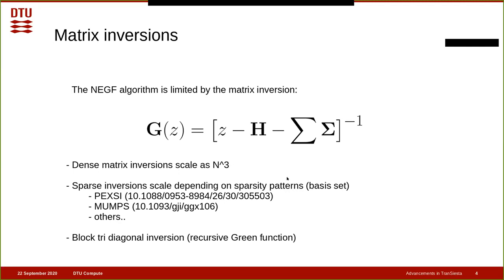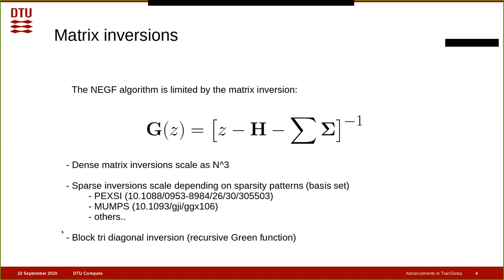As Alberto mentioned, in the PEXI way of doing it, you only calculate the elements that you need. And it's the same thing with TranSIESTA. We don't need the full dense matrix of G. You only need where you have the density matrix elements. So you can do sparse inversions, and you can use PEXI, or you can use MOMS. And there are many other ways of doing it.